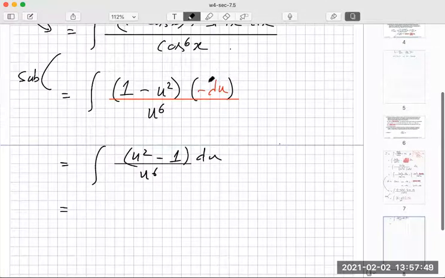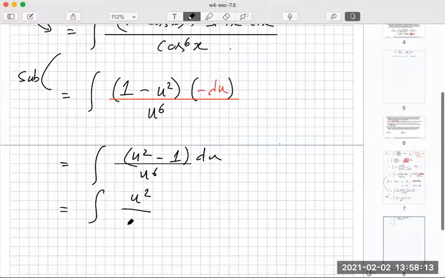We take the negative 1 here, multiply with this term. And then what should we do? Do something with the square on top. We break it into two fractions.